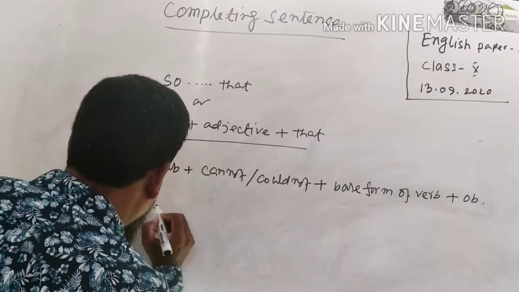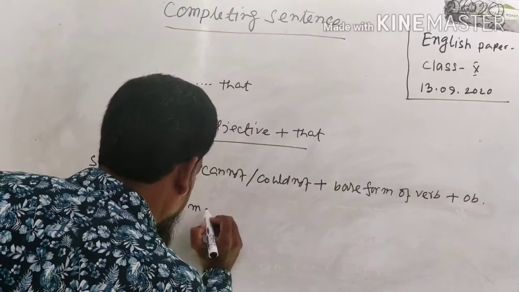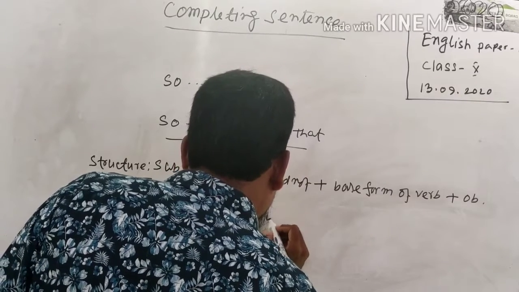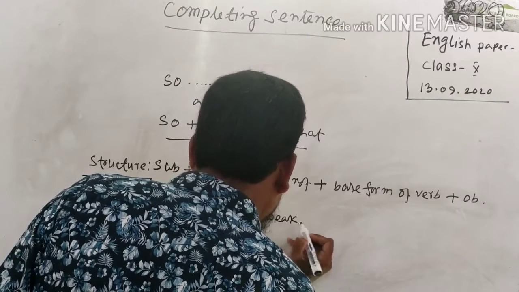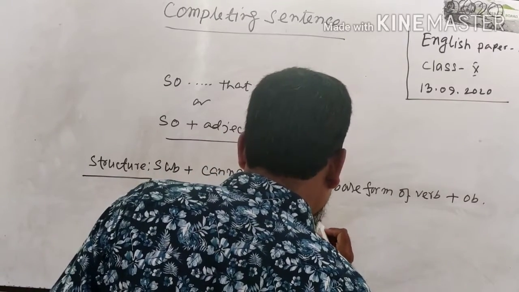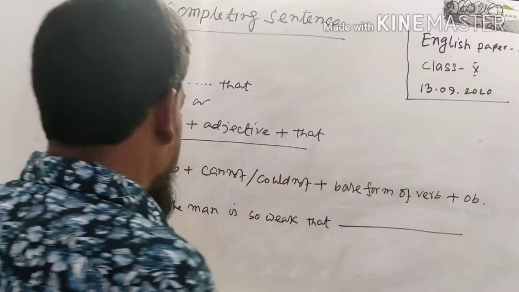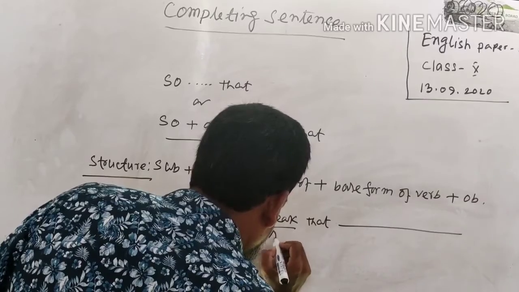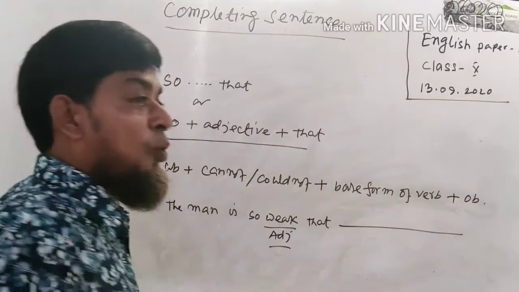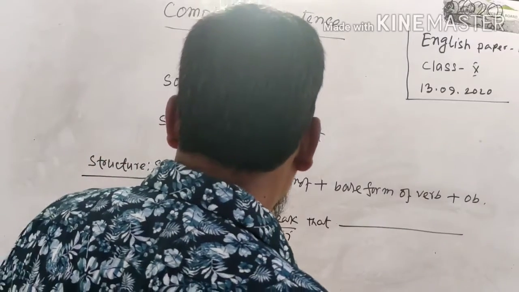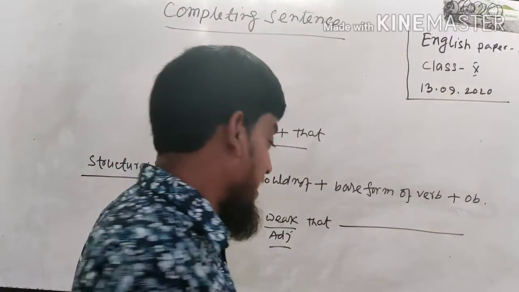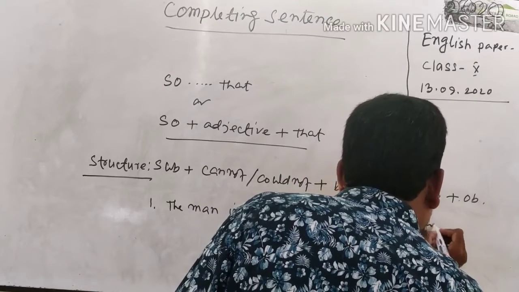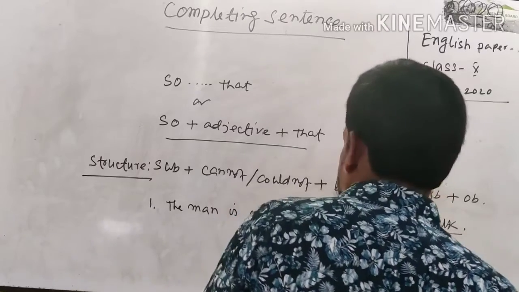Number one: the man is so weak that he cannot walk. Here, weak is the adjective.